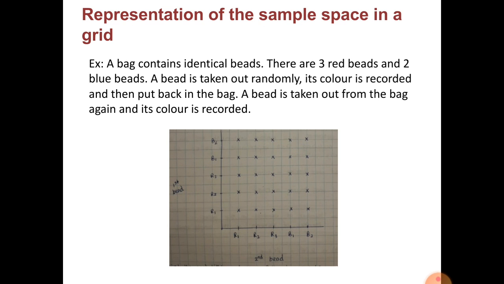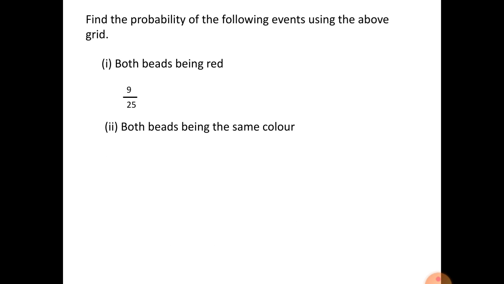Likewise, if you can identify the correct part, then you will have the answer as 9/25. The next question is, you have to find the probability that both beads are the same color. Again, if you can identify the correct part of the grid which has the same color, then you will have the answer as 13 over 25.